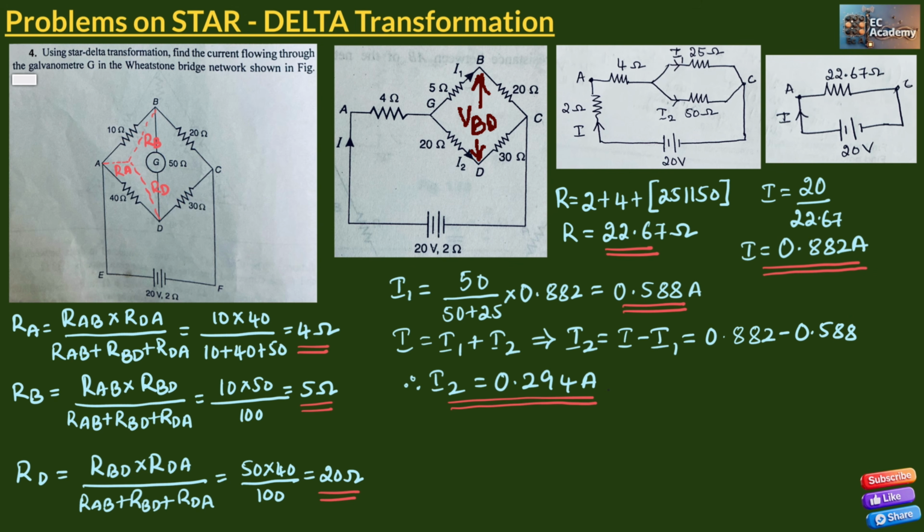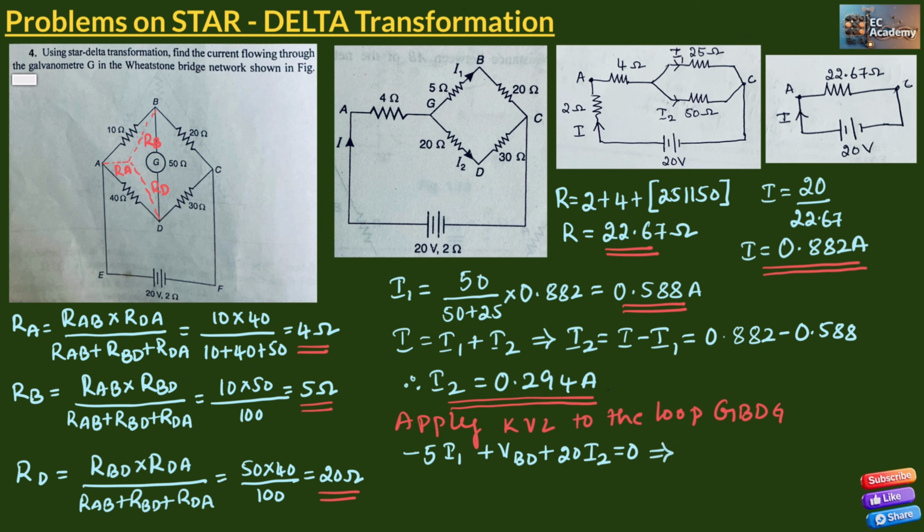If we apply KVL to the loop GBDG, we will get minus 5 I1 plus VBD plus 20 I2 equal to 0. Here, if we substitute the values of I1 and I2, we can find the value of VBD. So we'll get VBD equal to minus 2.94 volt. Now this negative sign indicates that point D is having a higher potential compared to point B.